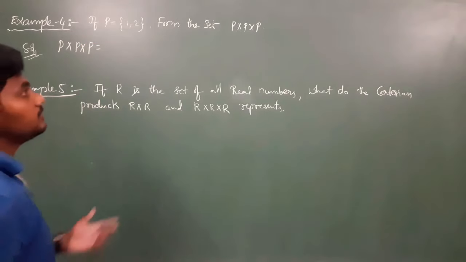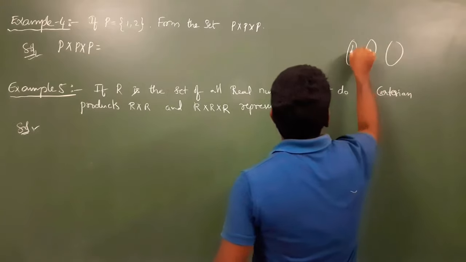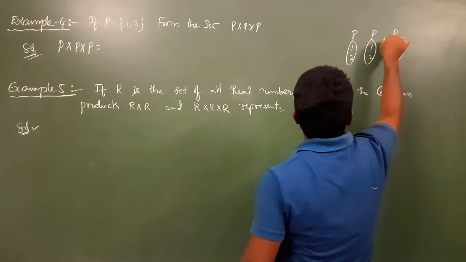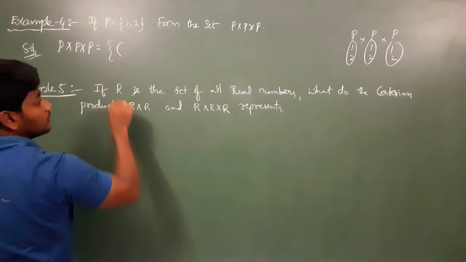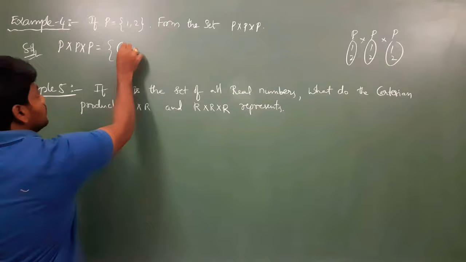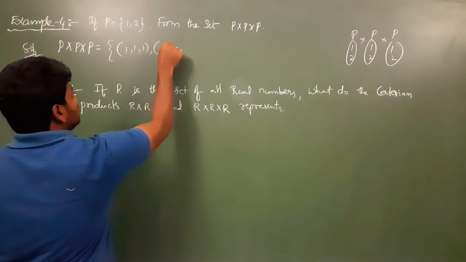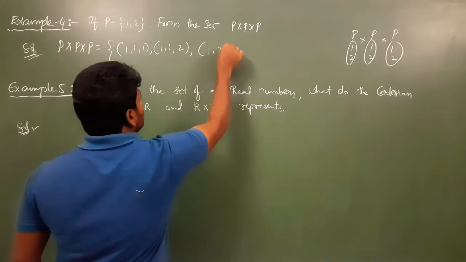As I said, the simple way: take 3 sets 1, 2, 1, 2, 1, 2. This is P and this is P and this is P. P cross P cross P. Tell me now how to write those ordered triplets. 1, 1, 1 first one. Next 1, 1, 2. Next 1, 2, 1.